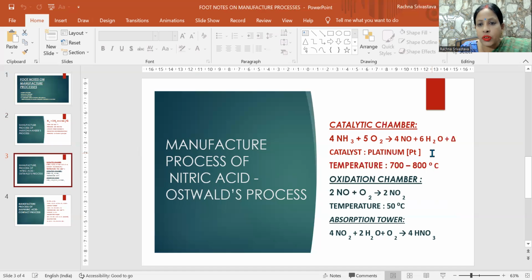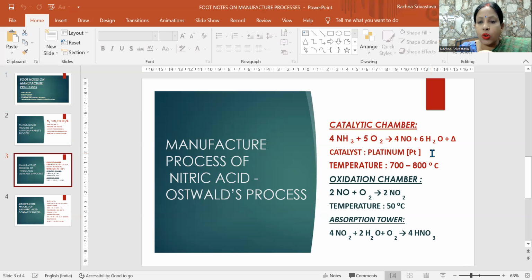The mobile number for this reaction in the catalytic chamber is 4546. When I say 4546, that means 4 moles of ammonia, 5 moles of oxygen, 4 moles of nitric oxide, and 6 moles of water. So learn this way if you are finding it difficult to balance the equation. The temperature condition is 700 to 800 degrees centigrade.